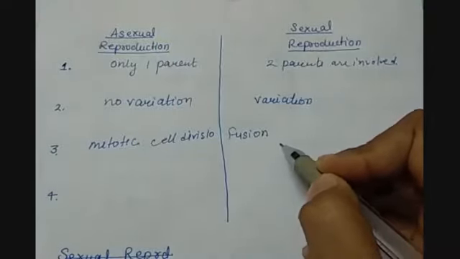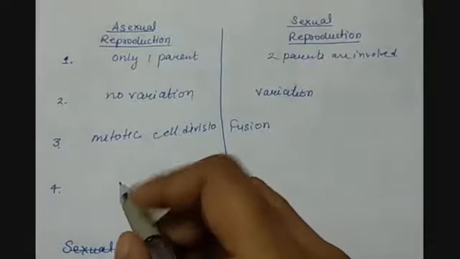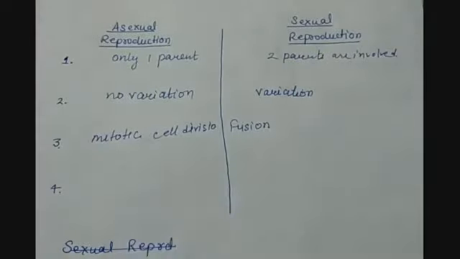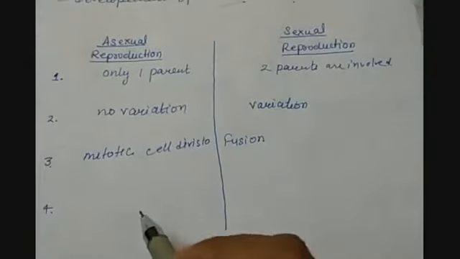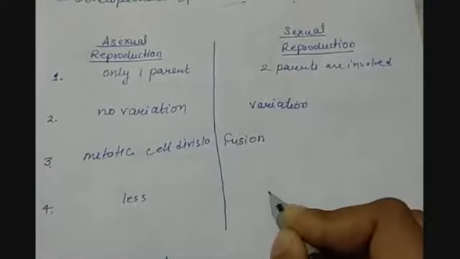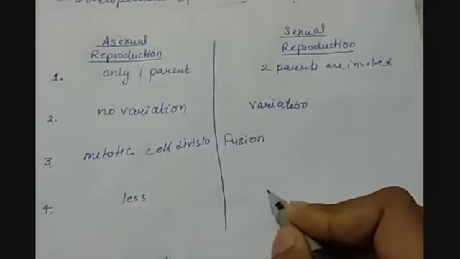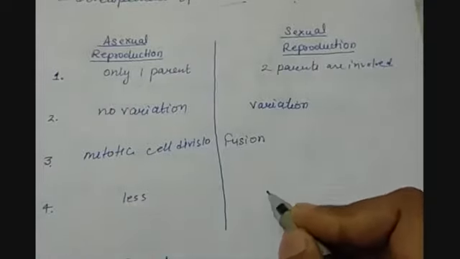The fourth difference is that in asexual reproduction, the chances of variations will be less, but in sexual reproduction, chances of variations will be more.